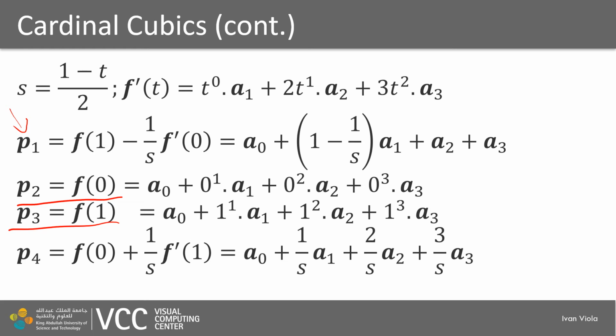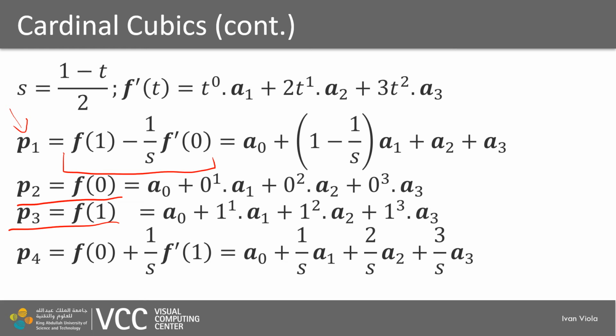However, those derivatives are calculated from the actual positions, so the derivative for the P2 point is calculated from P3 minus P1, and this leads to the fact that our points are then defined through more complex functions.